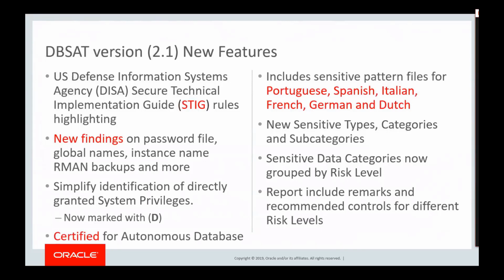We've reorganized it into better subcategories, and we've also grouped the different data categories by risk level. And the sensitive data report also now includes some information on recommendations to secure different types and different levels of sensitive data. So a lot of new stuff in Database Security Assessment Tool. And again, you can look forward to seeing version 2.1 sometime within the next couple of weeks.